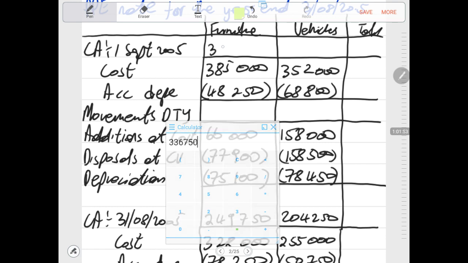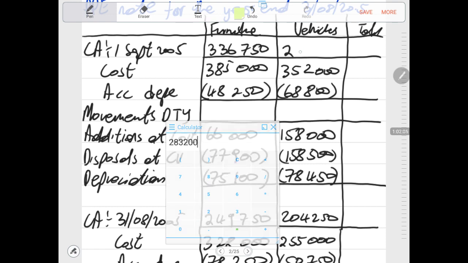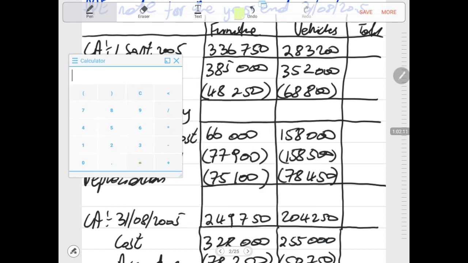This is 336,760. 352,000 rands minus 68,800 is 283,200.